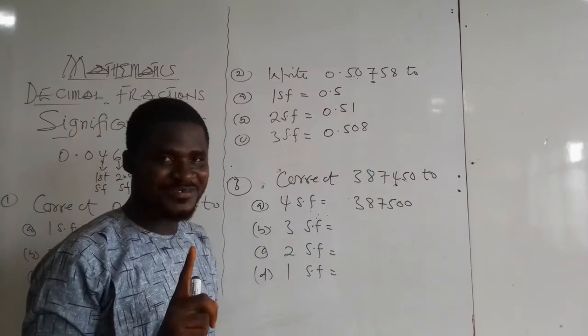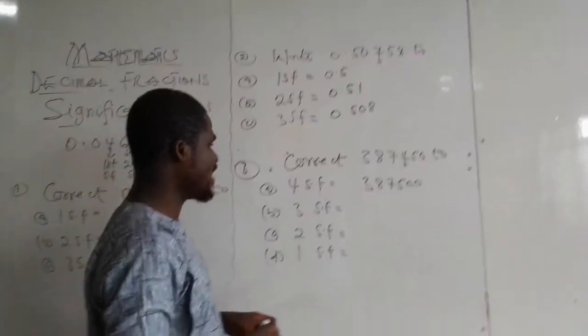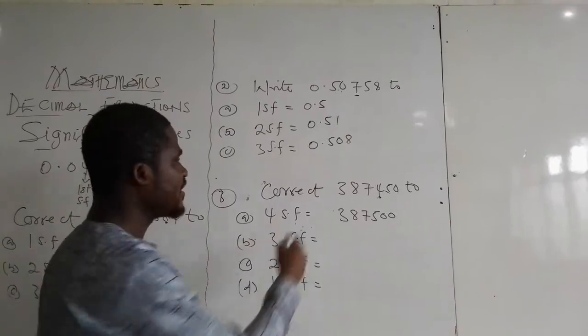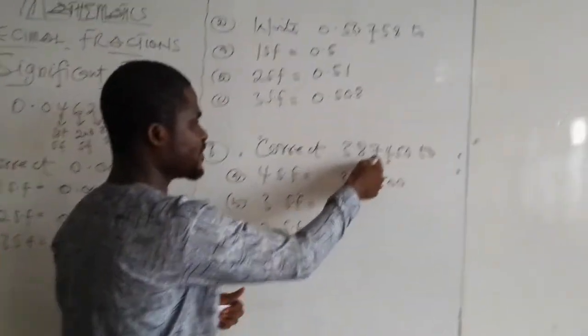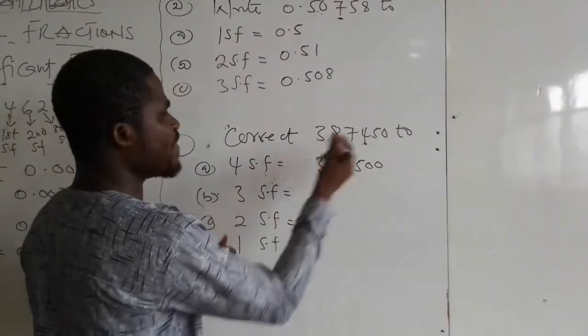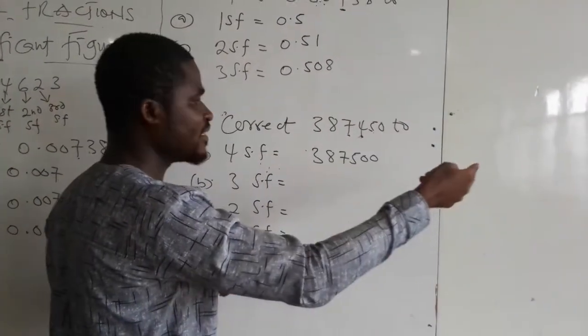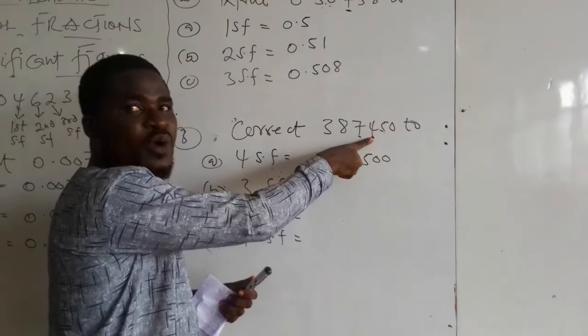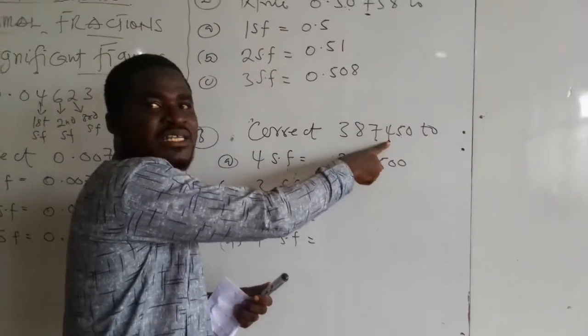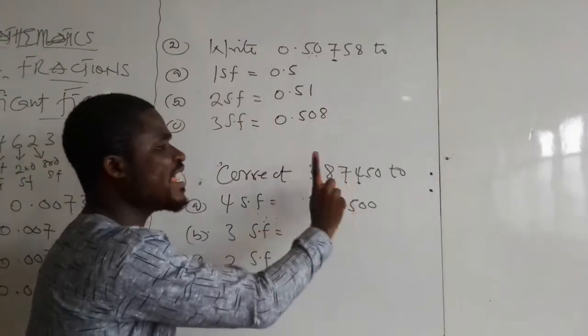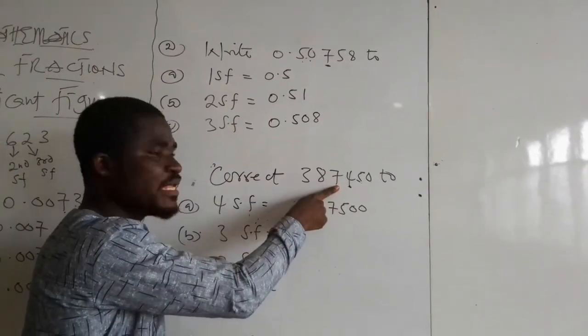Don't be confused. Now let's go to the third one. It said 3 significant figures. This is my first, this is my second, this is my third. Now, because this is my third SF, look at the next number at your right hand side. It is 4, and 4 is less than 5. Because it is less than 5, I will not add any 1 to the 7. I will still maintain my 7.